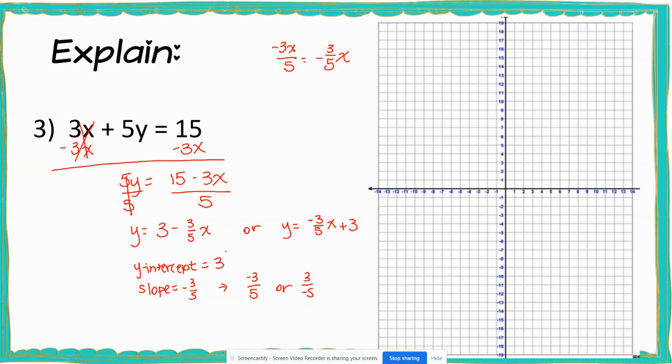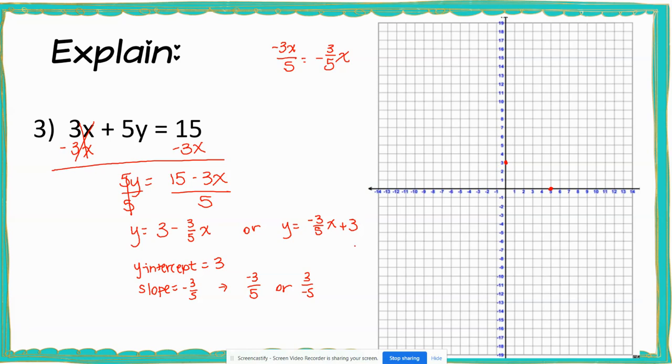To graph this, I'm going to start at my y-intercept of 3, so I'll go up to 3 and put a point. Then I'll use negative 3 over 5. Since I have a rise of negative 3, I'll go down 1, 2, 3, and then a run of positive 5 means I would move right 5.